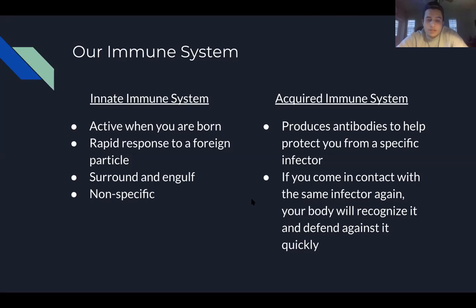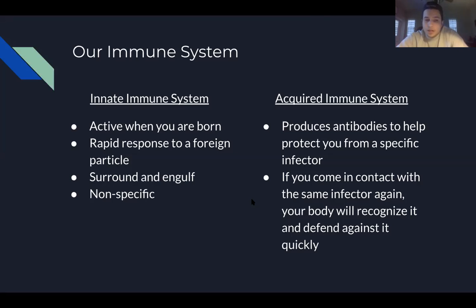The other branch of the immune system is known as the acquired immune system or adaptive immune system. This is the immune system that you build up as you grow and develop. So when you are exposed to a particular antigen, the acquired immune response involves producing antibodies and particular cells called memory lymphocytes that go on to mount an attack against that particular pathogen.